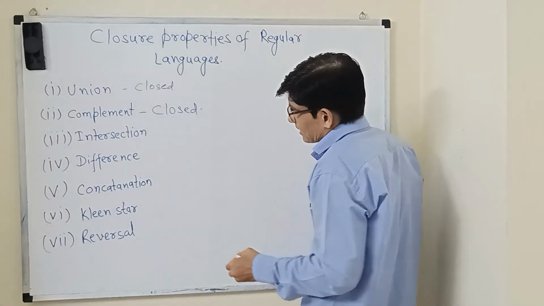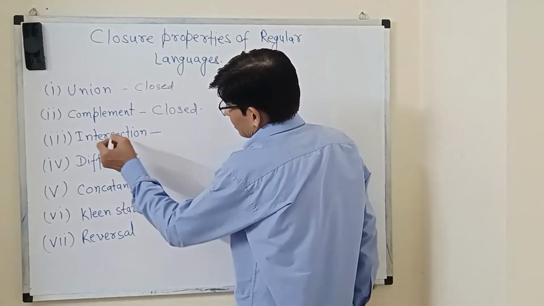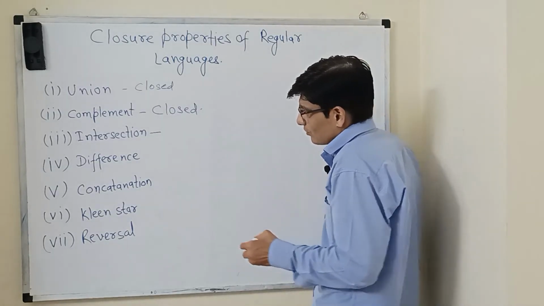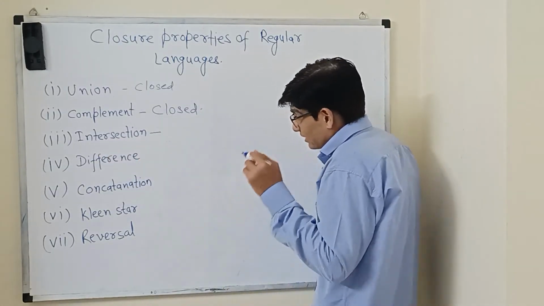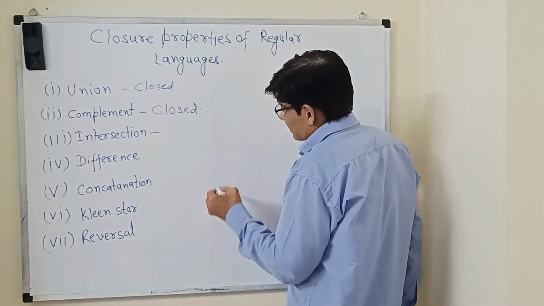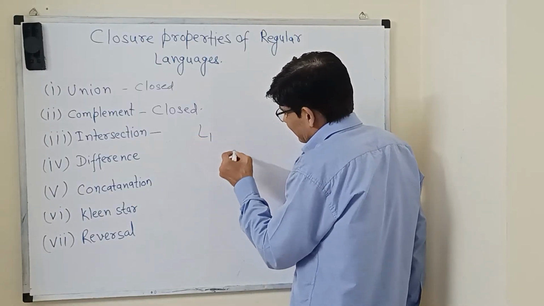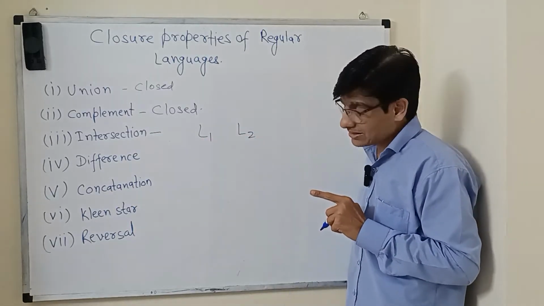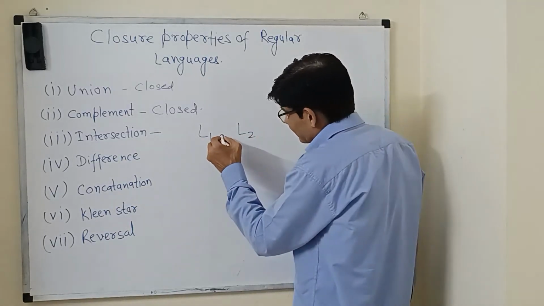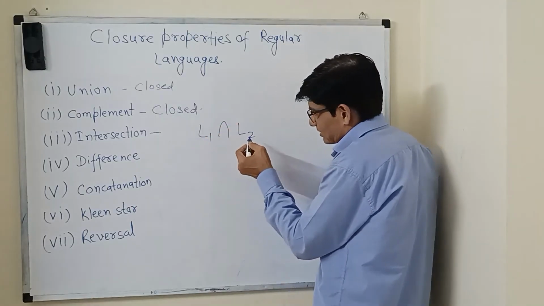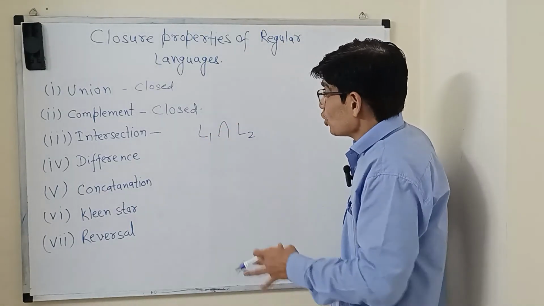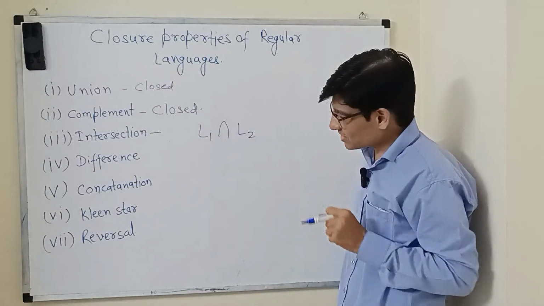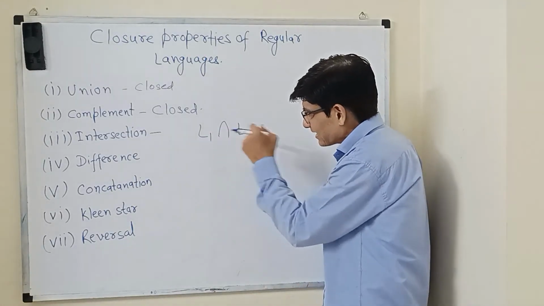Now we will check the intersection property. Here if two languages L1 and L2 are already regular languages, then we can represent the intersection of these two languages as the common strings of both these sets.